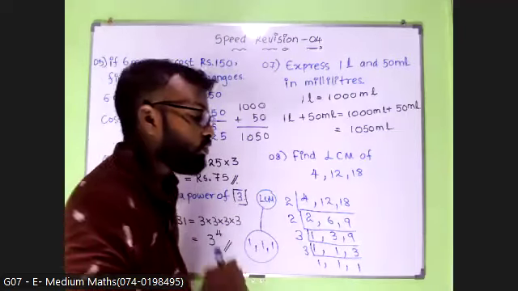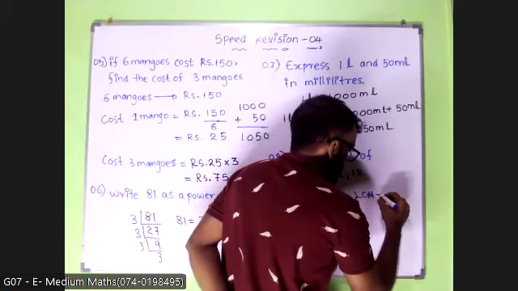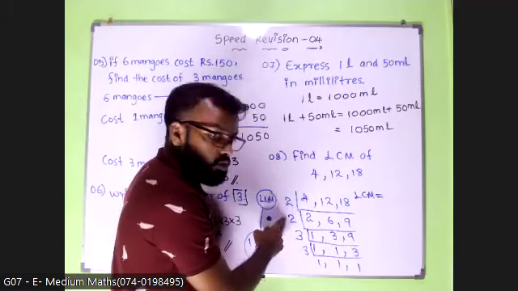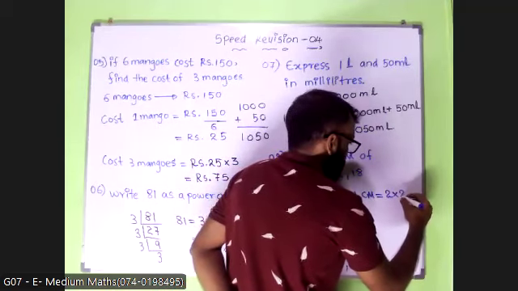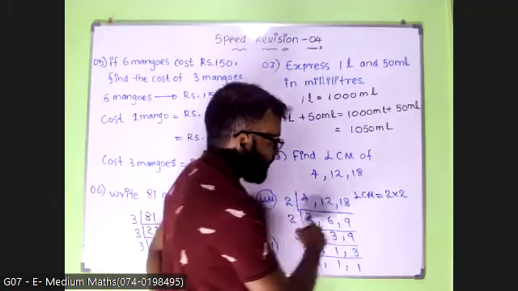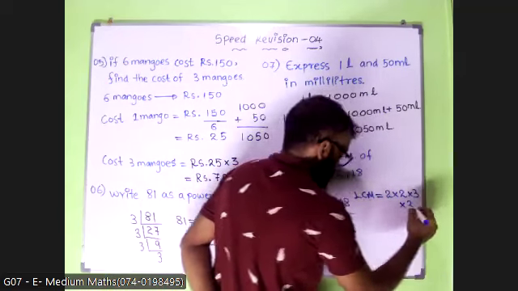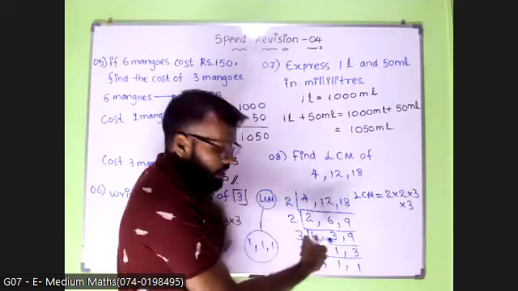Okay. How do you write LCM? LCM can be written by multiplying the divided numbers. Yes, excellent. 2 multiply by 2 multiply by 3 multiply by 3.